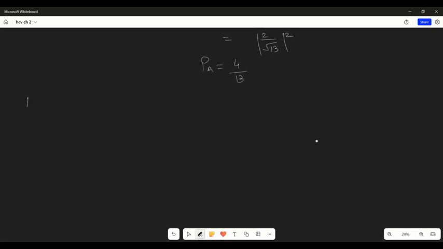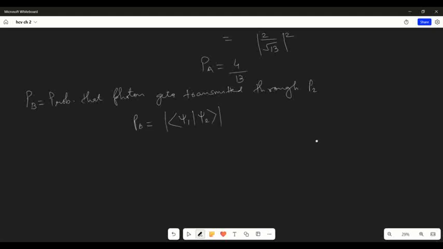So let's call PB the probability that the photon gets transmitted through polarizer 2. This will be psi 1, the initial state for polarizer 2, with the final state psi 2, and its mod square.